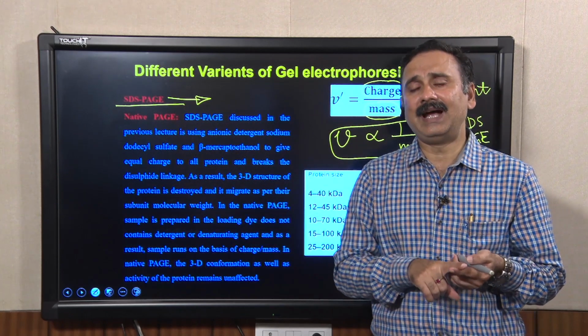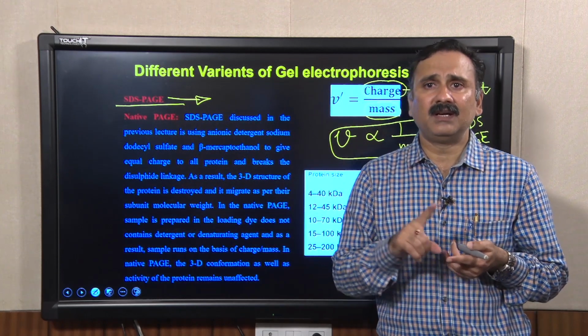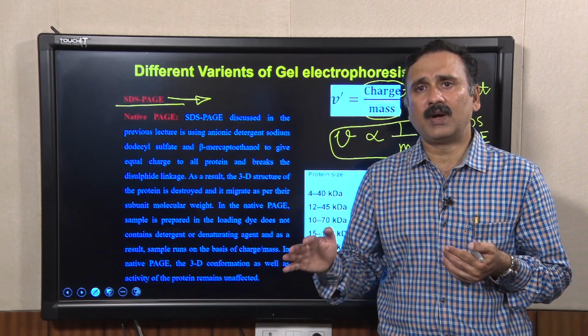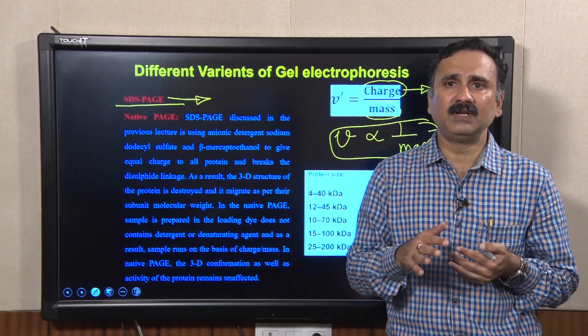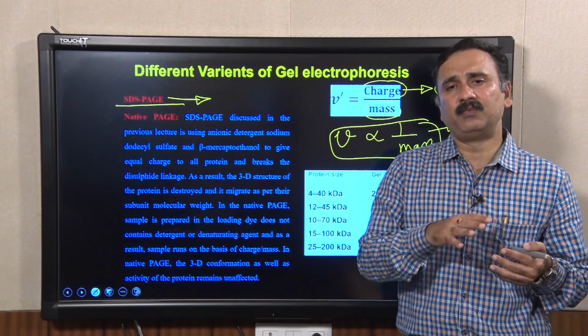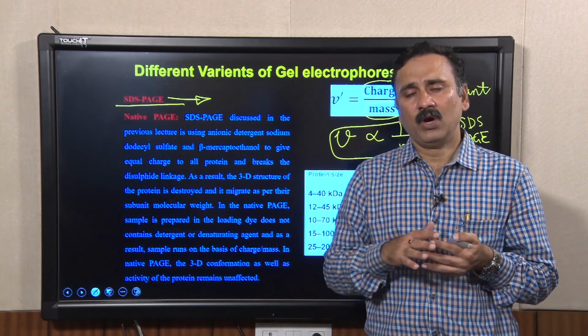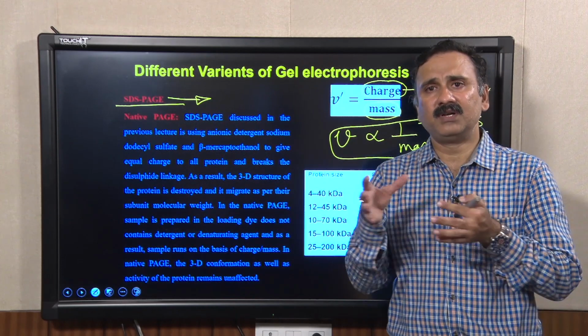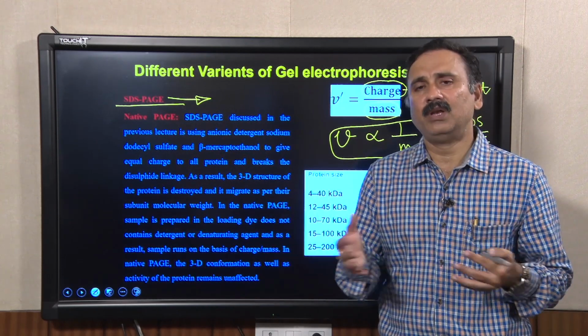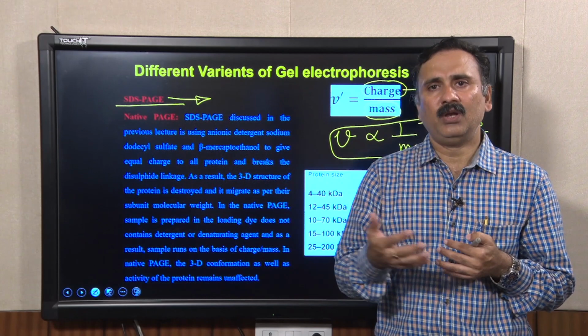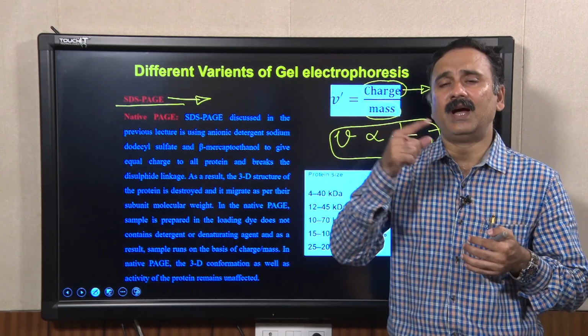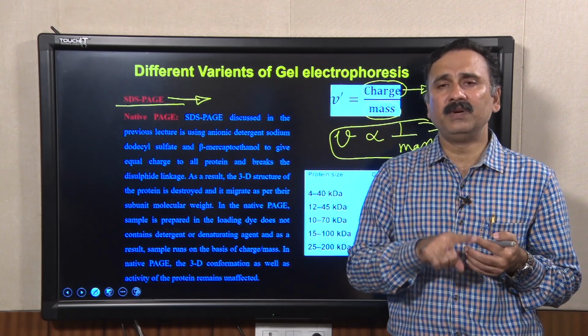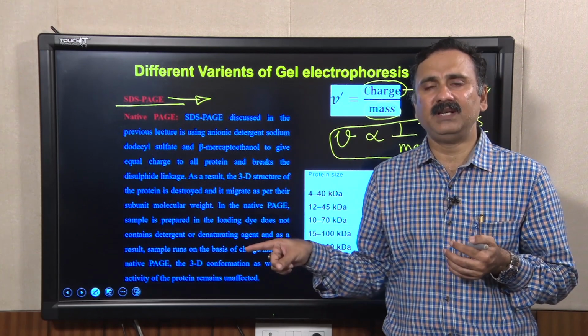In addition to that, since the SDS is a detergent, it also destroys the 3-dimensional structure of that particular protein. And if the protein is present in an oligomeric status, which means a dimer, trimer, tetramer or any other higher oligomeric status, those higher oligomers are also going to be denatured with the help of the SDS.